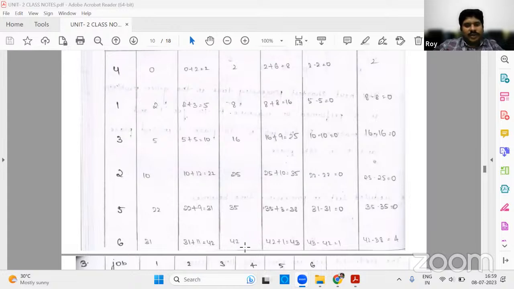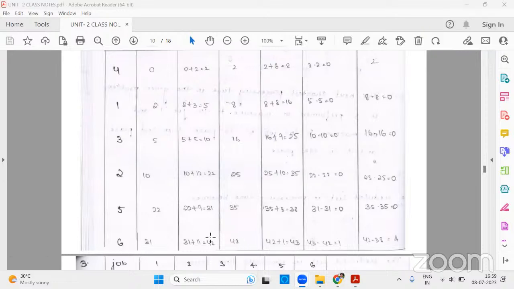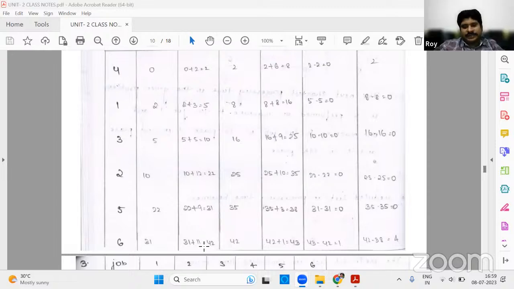Why have I written 42? Can anyone tell? The previous job on machine B is completed at the 38th minute. But the sixth job is still processing till the 42nd minute.